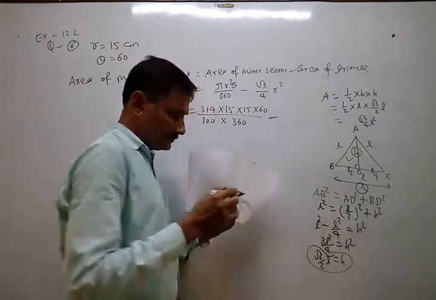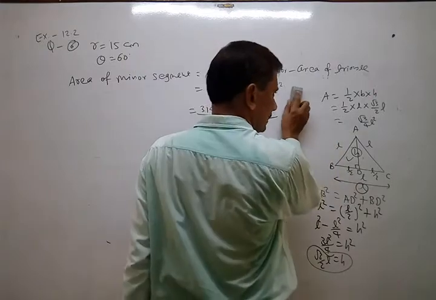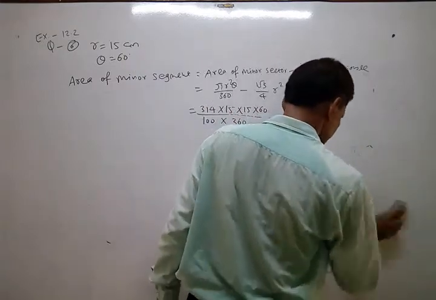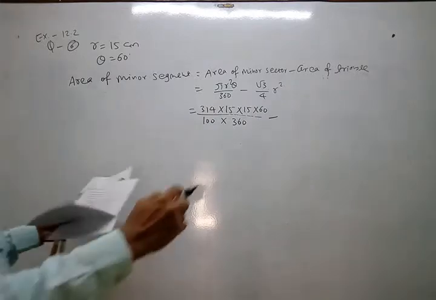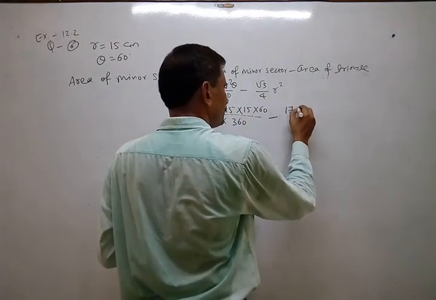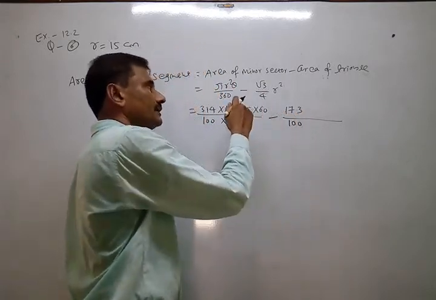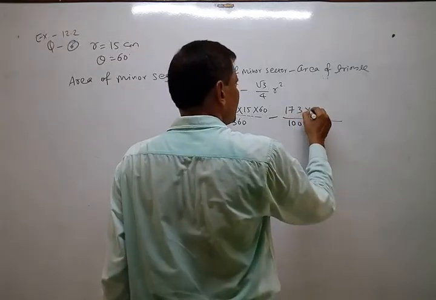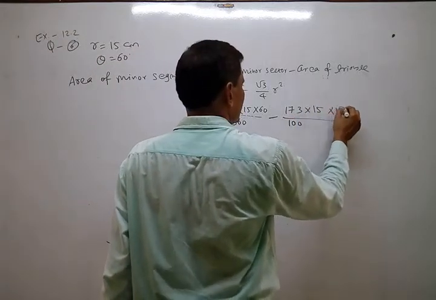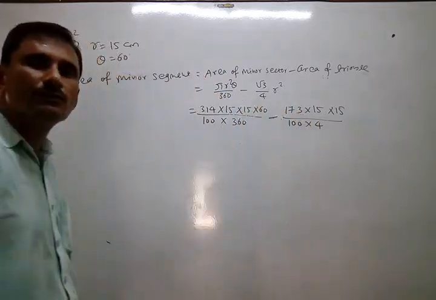But root 3's value is given as 1.73. Instead of 1.73 I am writing 173 by 100, meaning the decimal point is removed, then R is 15, 15, and this is 4 times. So instead of 1.73 I just removed the point.